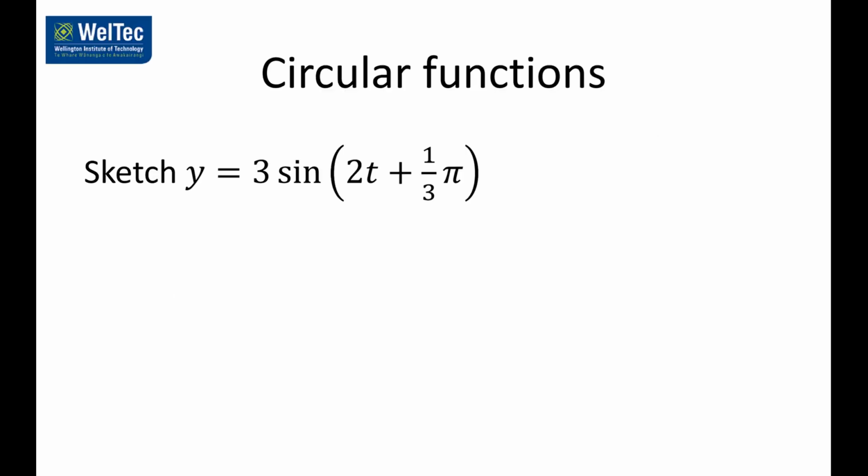The curve in this example, not only has it got an amplitude and an angular velocity, but now it's got a shift as well. The easiest way to do this is to draw the unshifted one, forget about the shift for the minute, and then shift it once we've drawn it. So we can rewrite this as y equals 3 sine, and now let's take omega out the front.